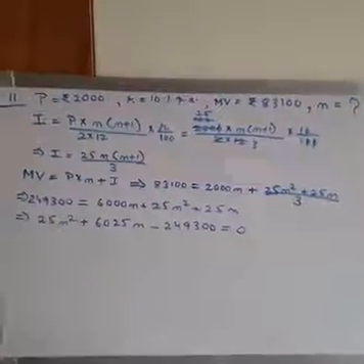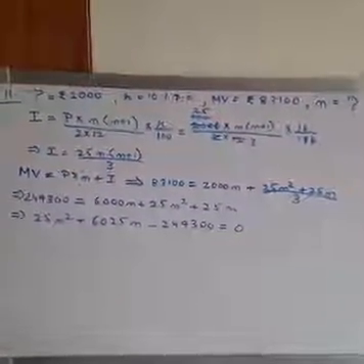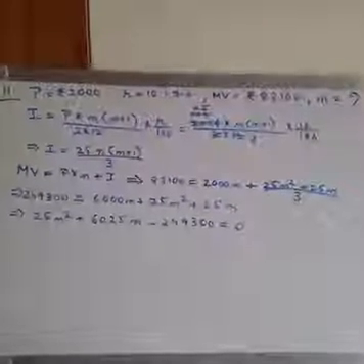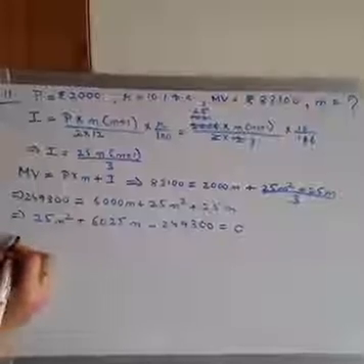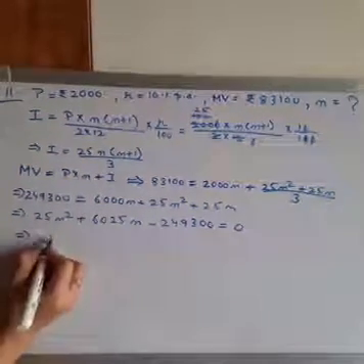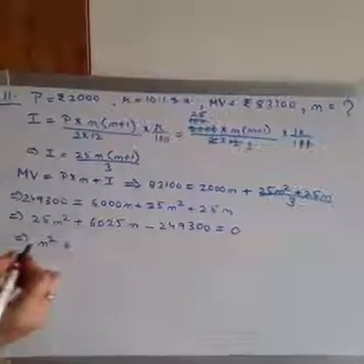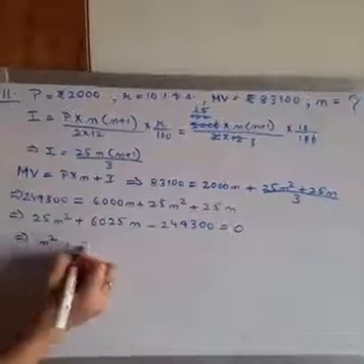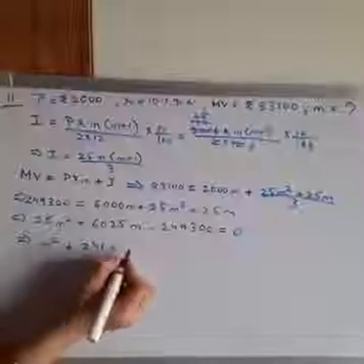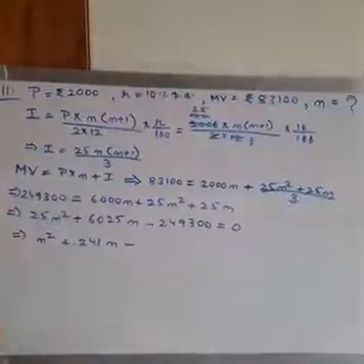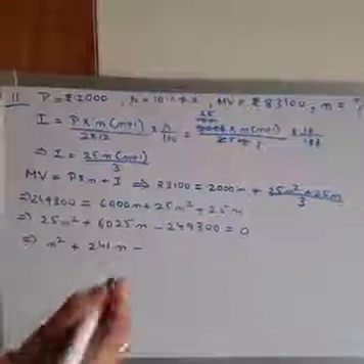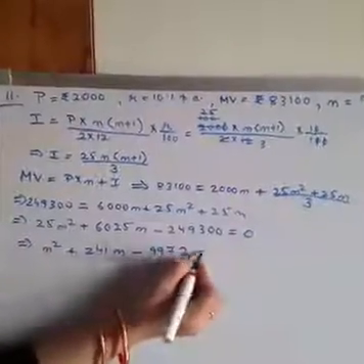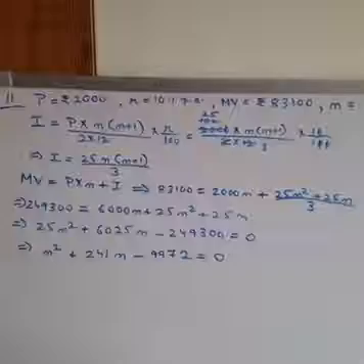Now this equation, if you check, will be reduced by 25. So this will be N square plus 6025 will be cancelled 241 times, so 241N minus 9,972. Please do the calculations and write.